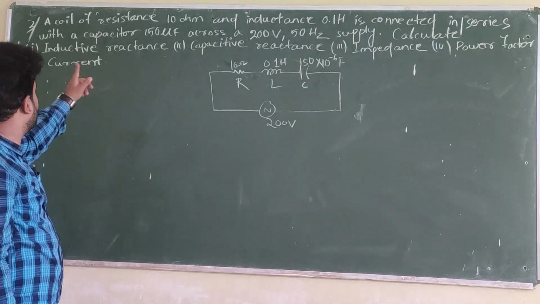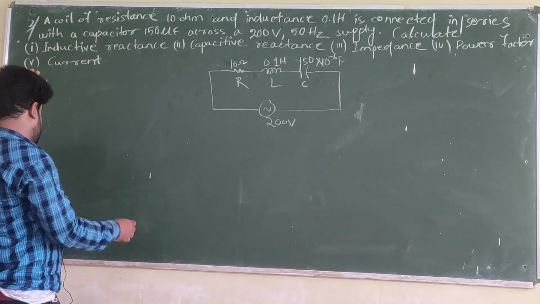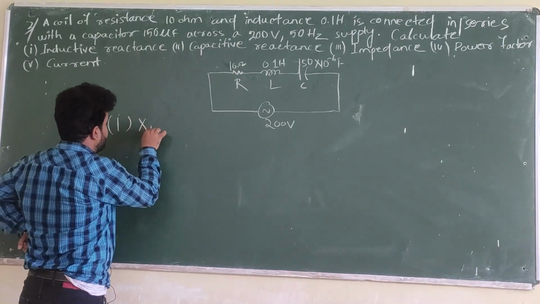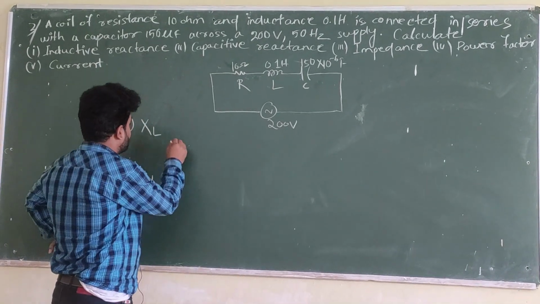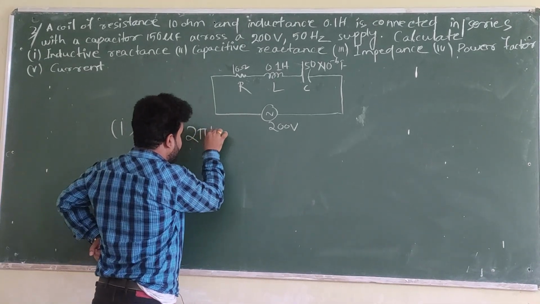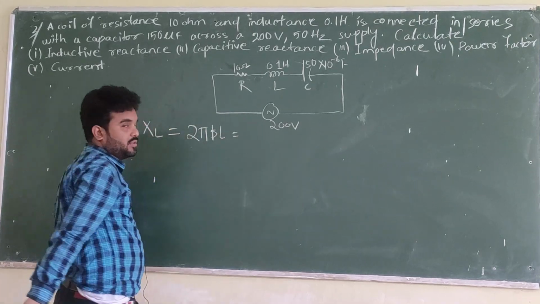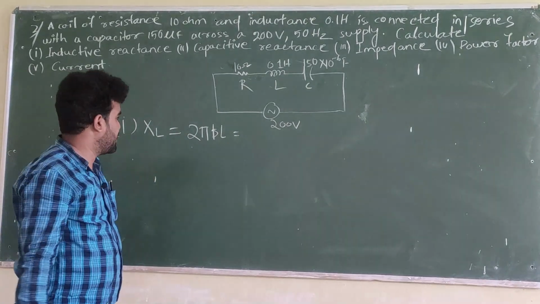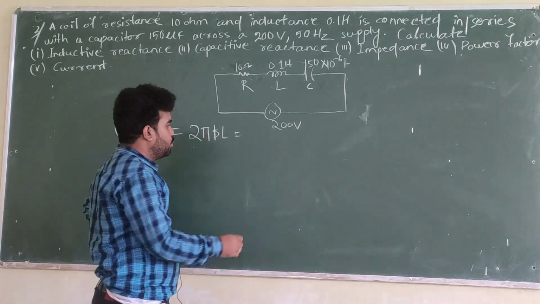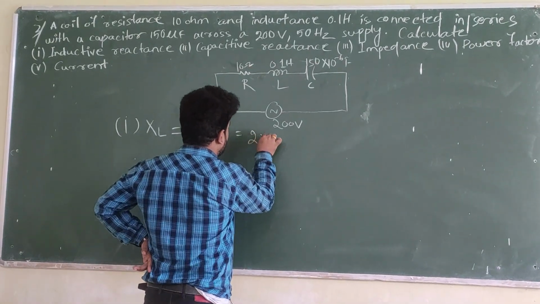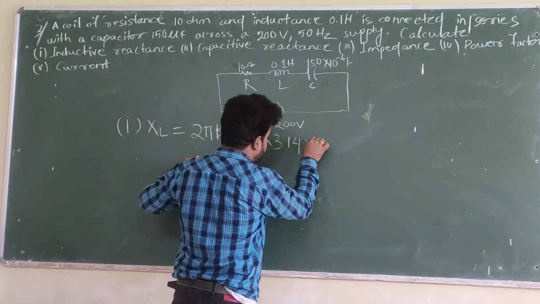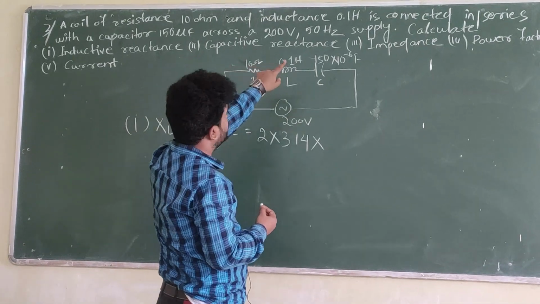First we will calculate inductive reactance, XL. What is the formula? I have already told you: 2 pi FL. Put the formula, get the answer. XL is equal to 2 pi FL. 2 into 3.14 into frequency, which is given.